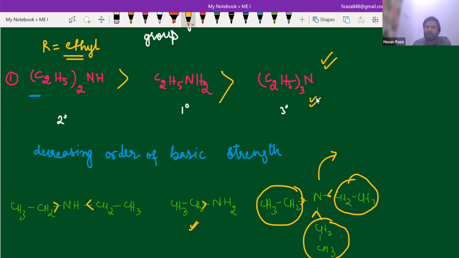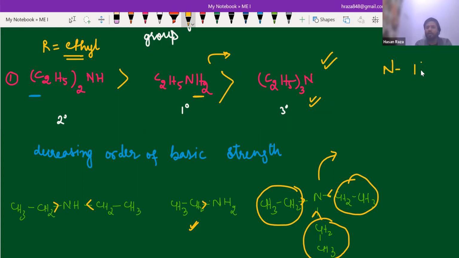Is that clear? Yes, sir. So this variation comes not only because of steric hindrance and bulky groups, it is also because of solubility. This will form more hydrogen bonding because it has hydrogen on two sides.